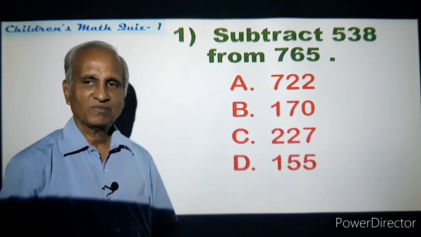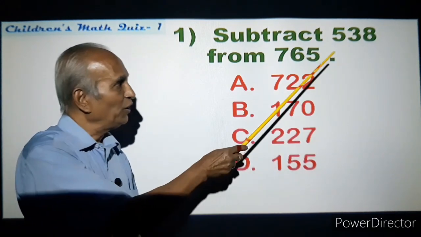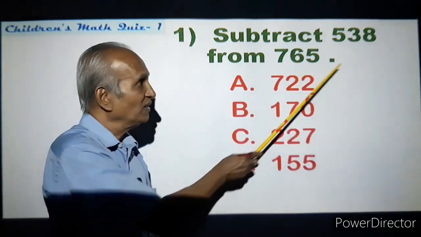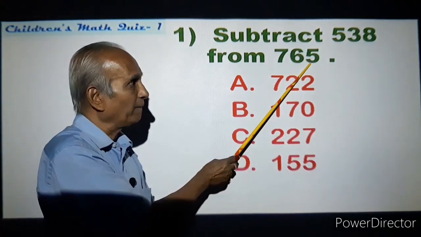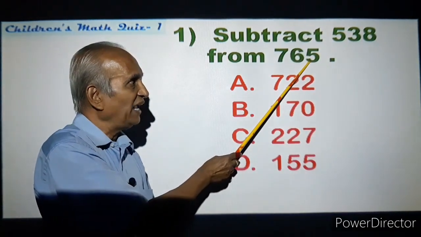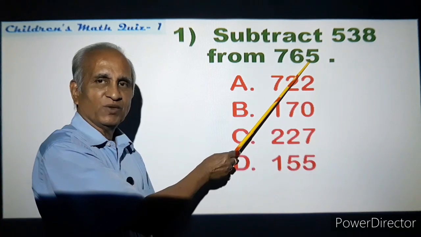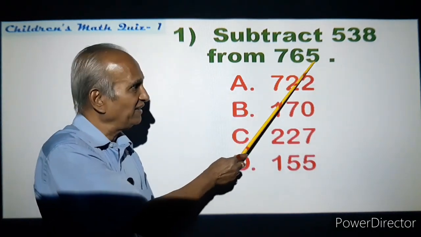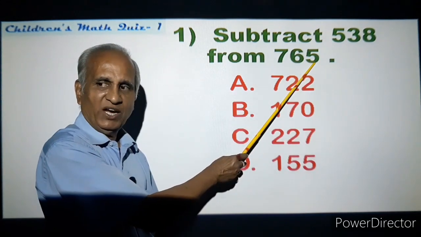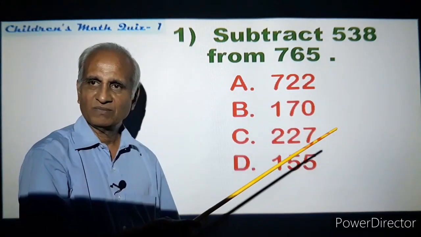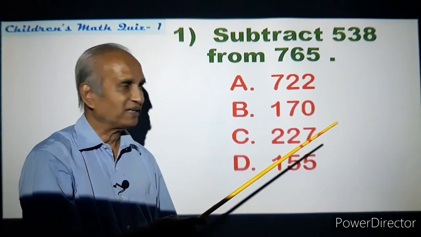But here I would suggest to deduct only the units place. The units place is 5 here. It's 8 here. Subtract 8 from 5. You cannot. So you have to borrow 10 to units place. It will be 15. 15 minus 8, you know, it is 7.